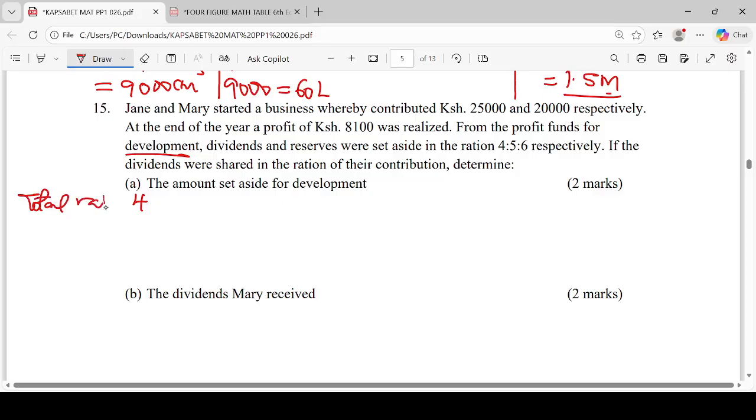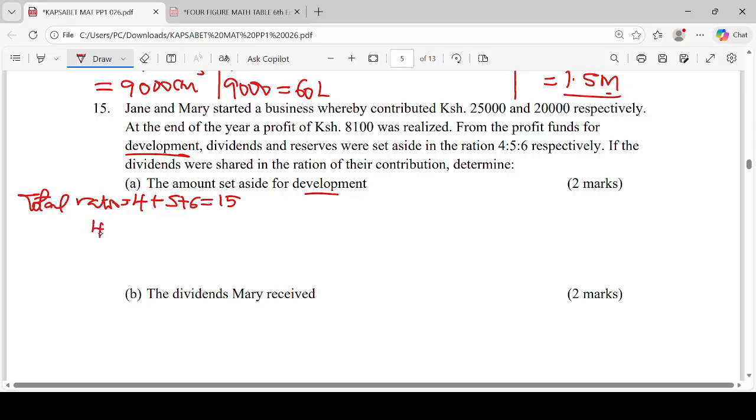Total ratio here, that is 4 plus 5 plus 6. This is 15. So the amount set aside for development from the profit, development took 4/15.